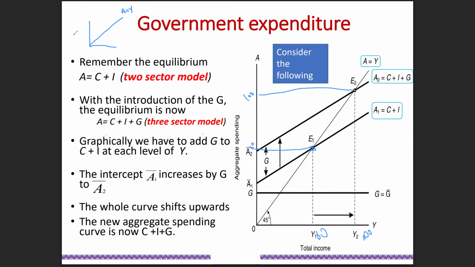And then this is aggregate expenditure, and this is Y for income or production. And then this is now our aggregate expenditure curve. It looks horizontal.